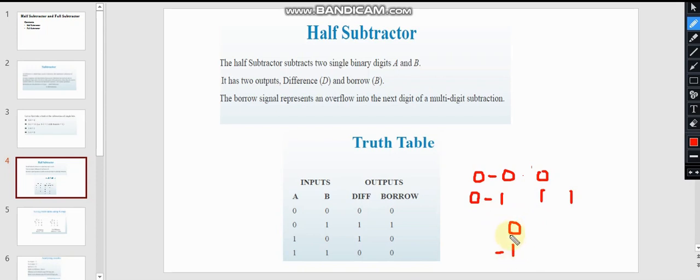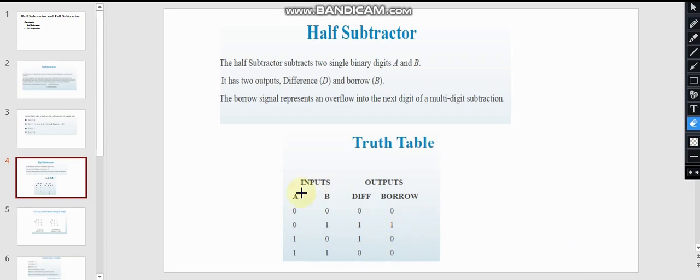So the difference would be 1 in this case. Next, when the minuend is higher than the subtrahend, 1 minus 0, the difference is 1, and the borrow in this case is 0. When both inputs are 1, 1 minus 1 would be 0, so the difference is 0, and the borrow in this case is 0.